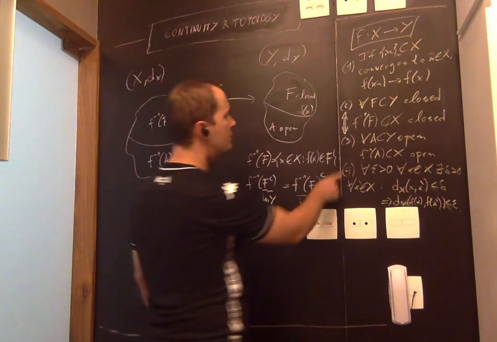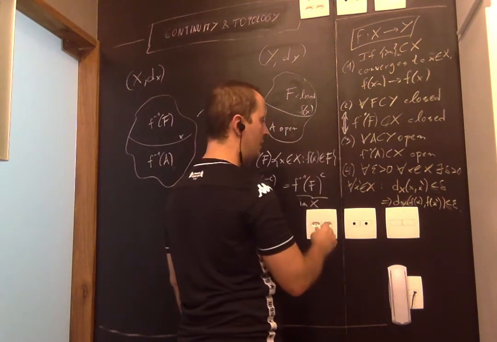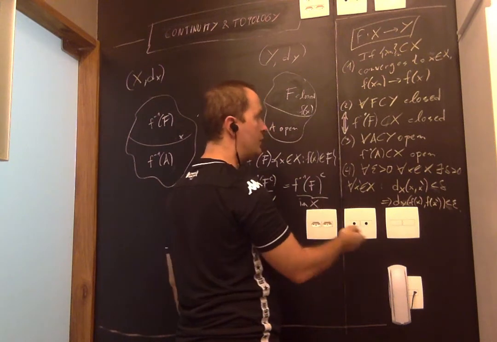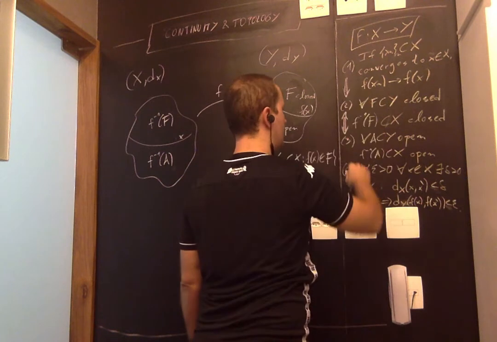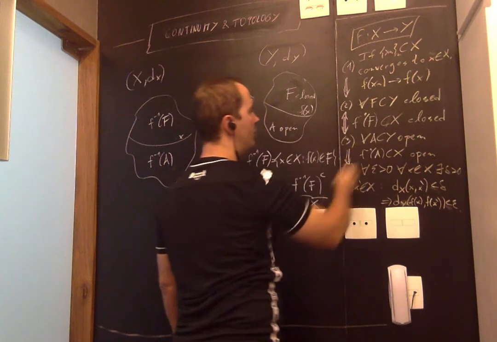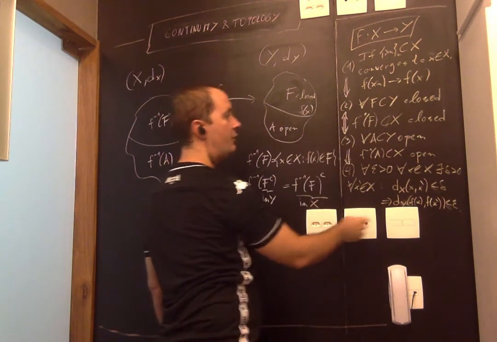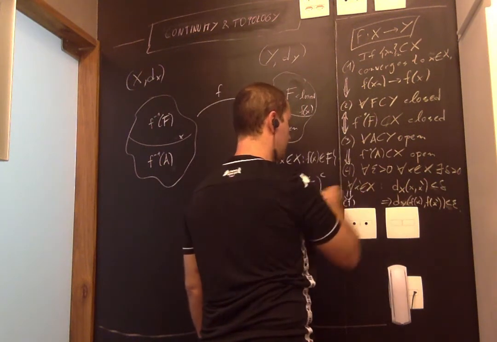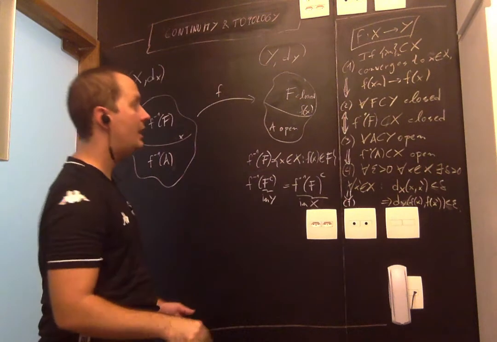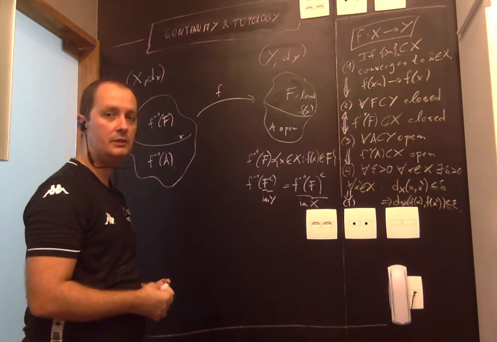I mean, it's not hard to show that 1 and 4 are equivalent just from first principles, but we're going to do it in this sequence. So I'm going to show that 1 implies 2, 2 and 3 I've argued are equivalent, 3 implies 4, and in the end we're going to show that 4 implies 1. And then we have that all of these things are equivalent, right?